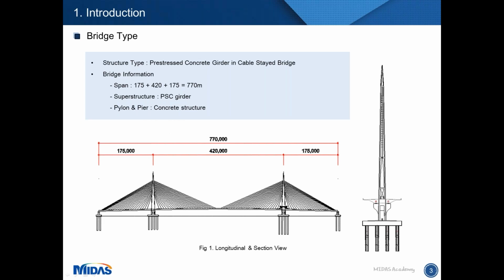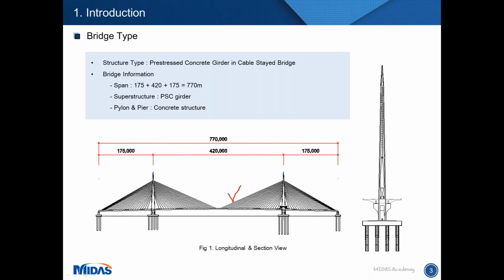So the target structure is the girder in the cable stayed bridge. I'd like to talk about this cable stayed bridge simply. So this is the cable stayed bridge. The total length of this bridge is 770 meters.